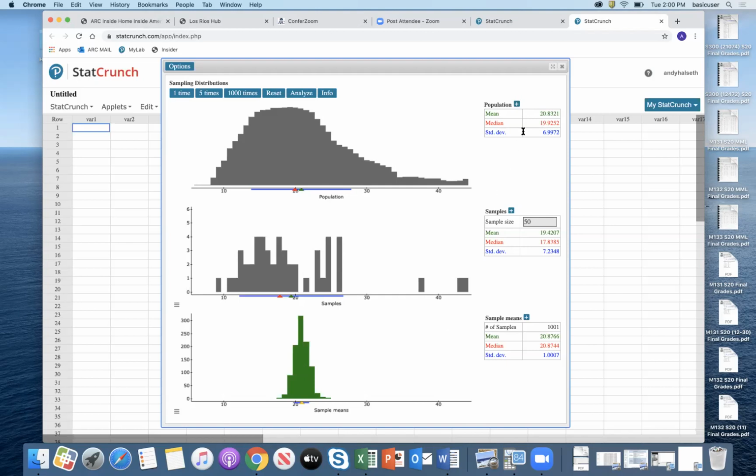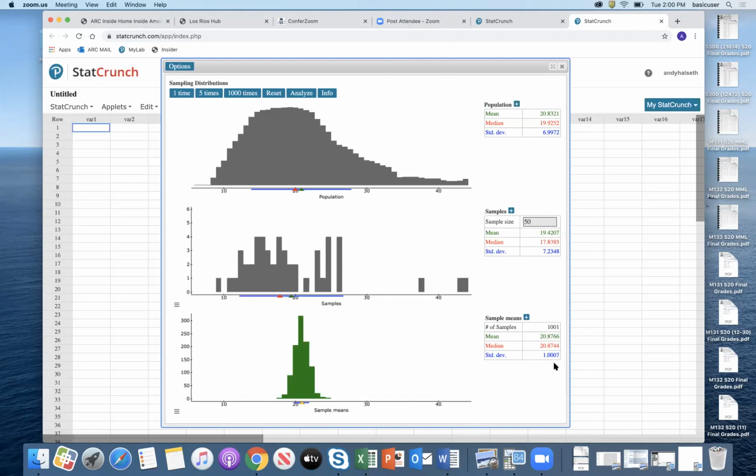The standard deviation started at 6.99 on this one and has gone down to 1. So the standard deviation goes down. There's actually a formula that relates those two standard deviations. Again, this is the population standard deviation up here, and this is the standard deviation of the distribution of sample means. Good stuff. All right, so back to the handout and we can look at those formulas.